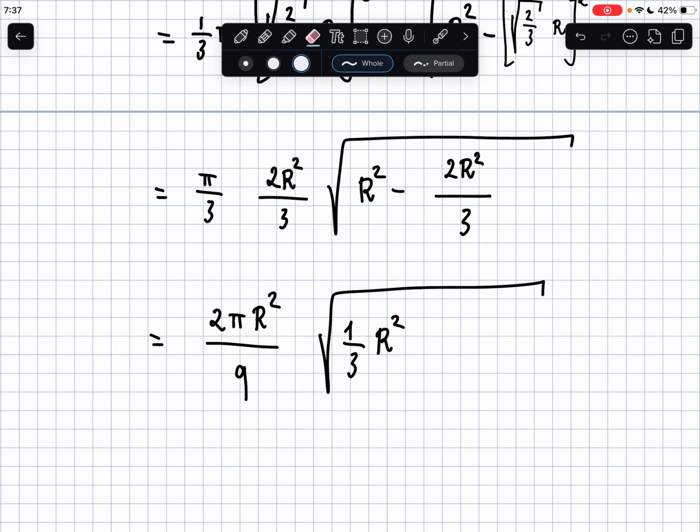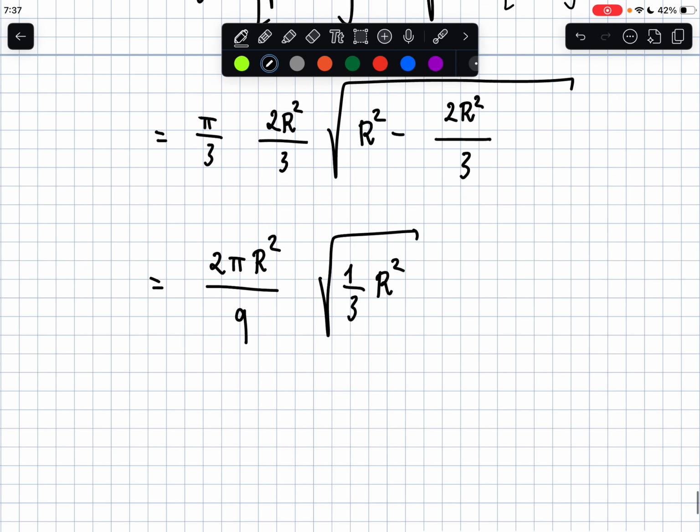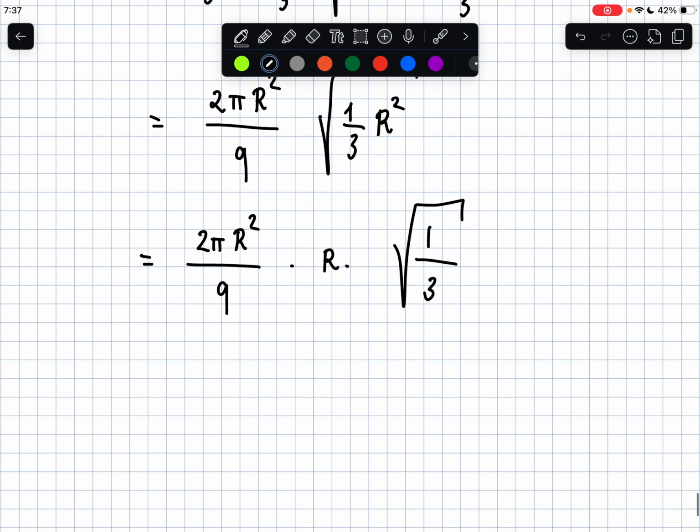So you can bring R to R. 2 pi R squared divided by 9 times R times square root of 1 over 3. So 2 pi R cubed divided by 9 square root of 3.